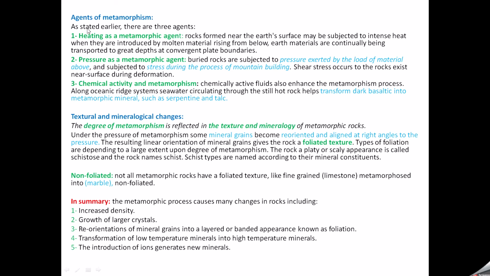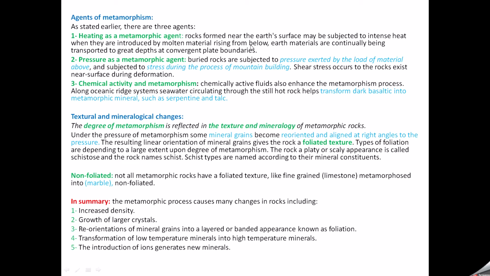Agents of metamorphism: heat, pressure, chemically active fluids. Heat as an agent of metamorphism. Rocks formed near the Earth's surface may be subject to intense heat when they are intruded by molten material rising from below.